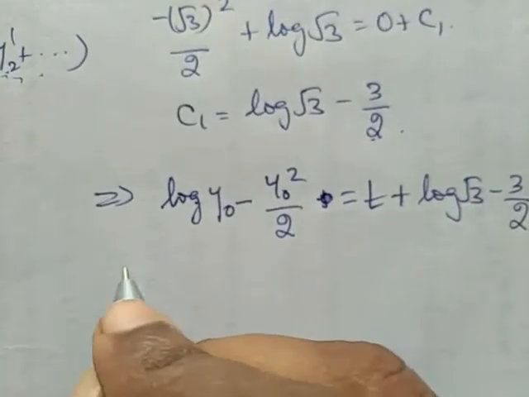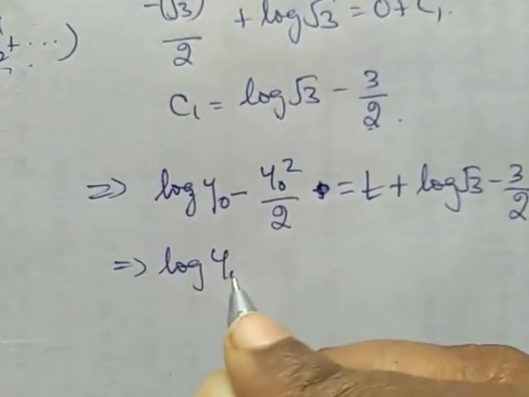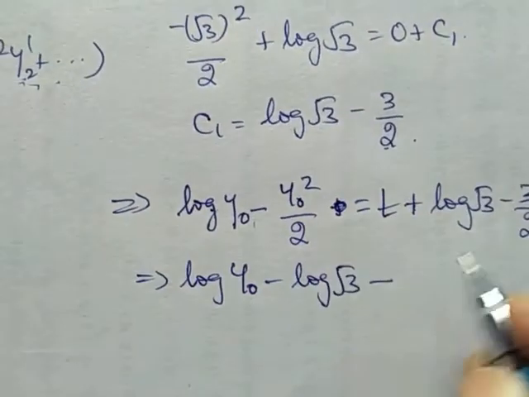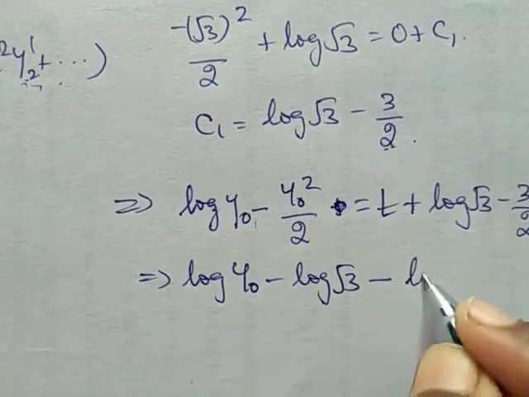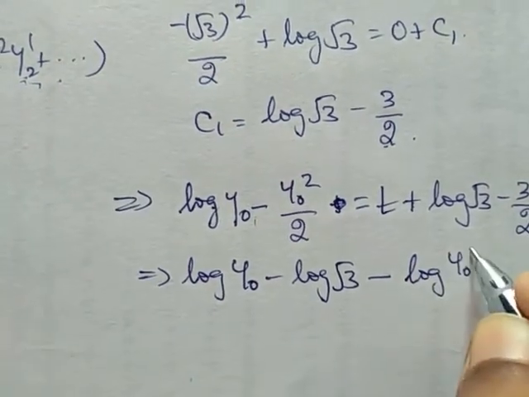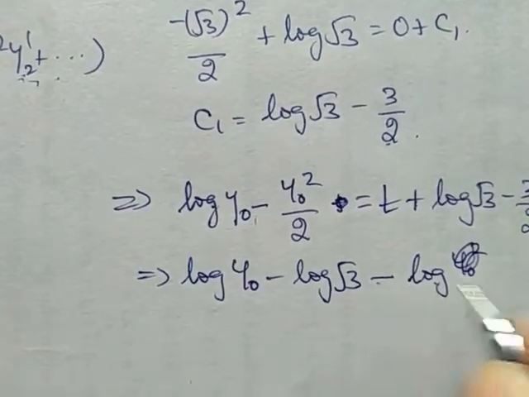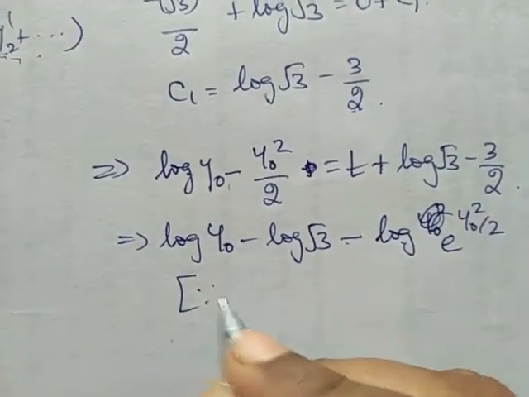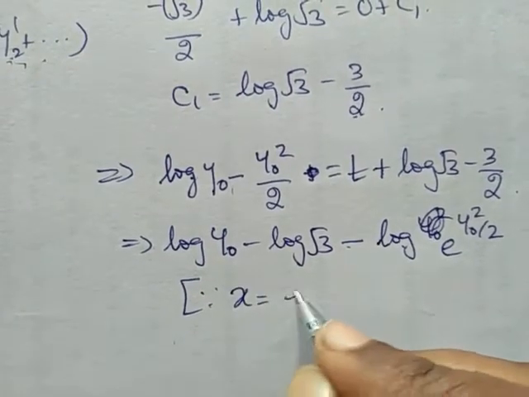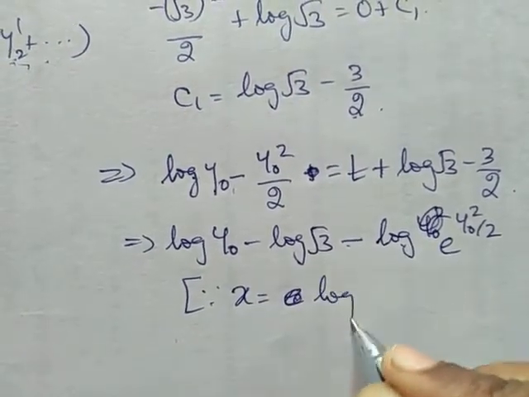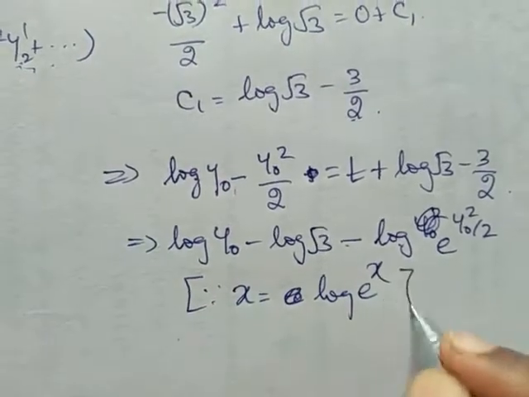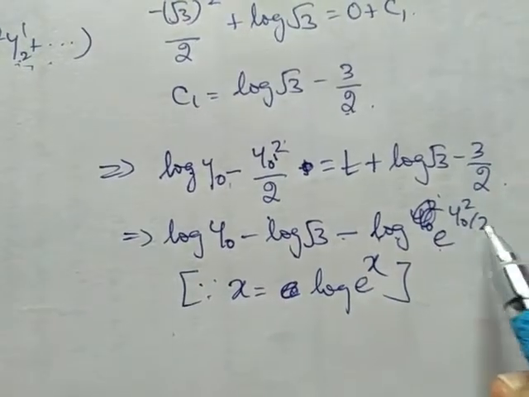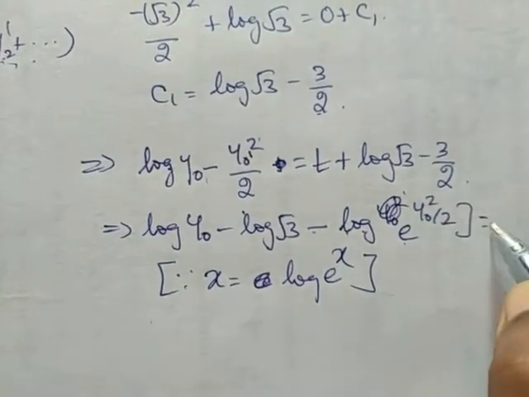This we can simplify as log y naught minus log root 3 minus this, we can write it as log of y naught square minus log of e power y naught square by 2, because x can be written as log of e power x. So y naught square by 2 I am writing as log of e power y naught square by 2, and RHS remains as it is.